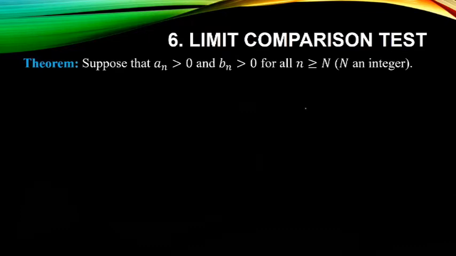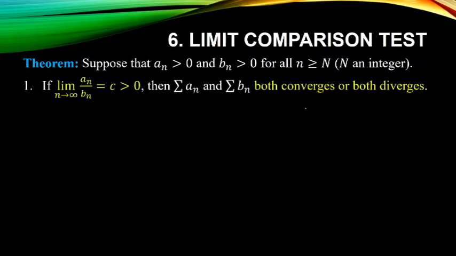Theorem: suppose that a sub n is greater than 0 and b sub n is greater than 0 for all n greater than or equal to big N, where that is an integer. Number 1, if the limit of the ratio of a sub n over b sub n as n approaches infinity is equal to a positive number c, then the summation of a sub n and the summation of b sub n both converge or both diverge.